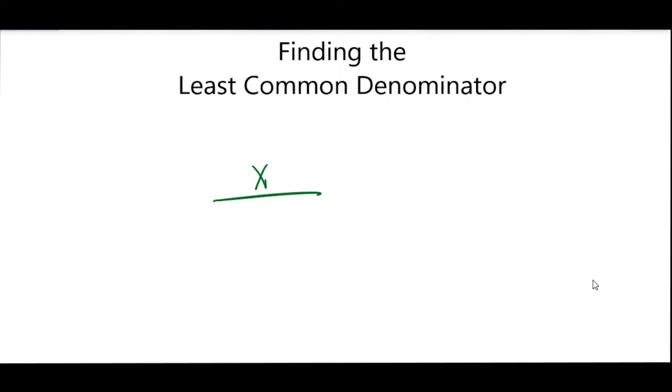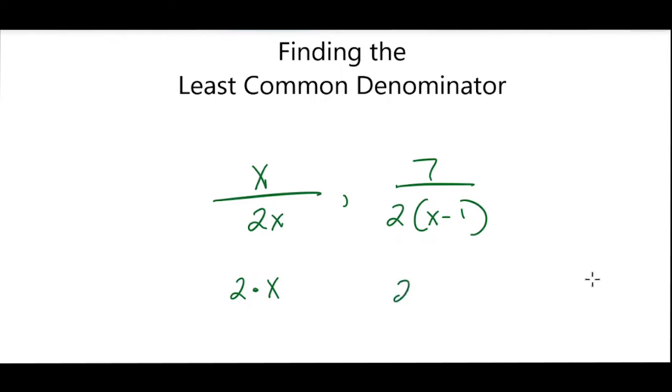Let's say I have x over 2x and 7 over 2 times x minus 1. Alright, so on our first fraction, my factors are 2 and x for the first denominator, and on my second denominator, I have 2 times x minus 1.